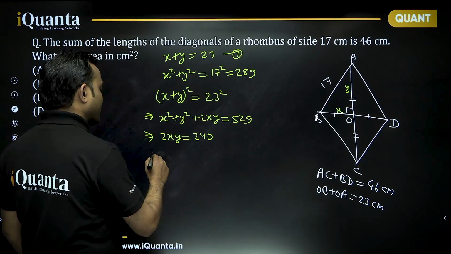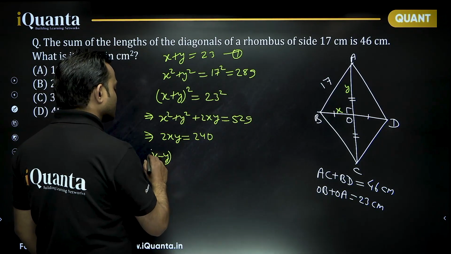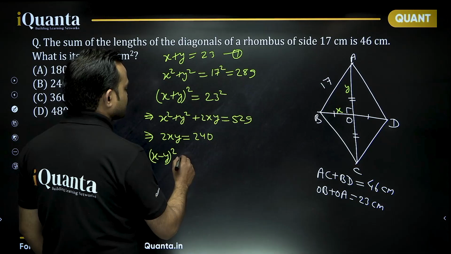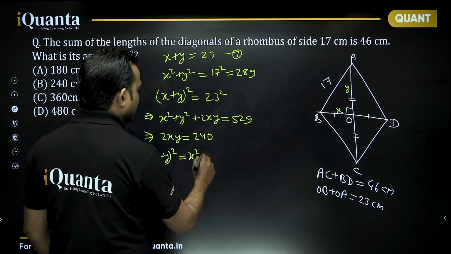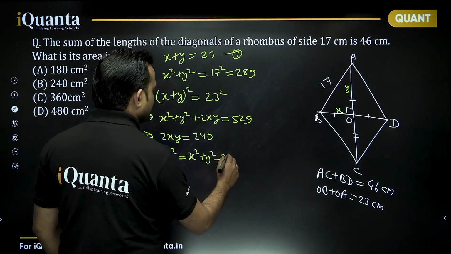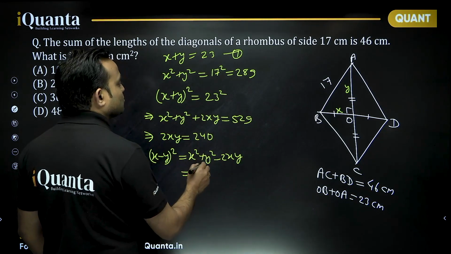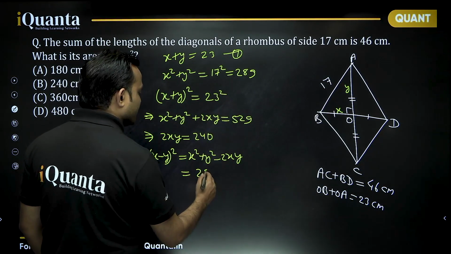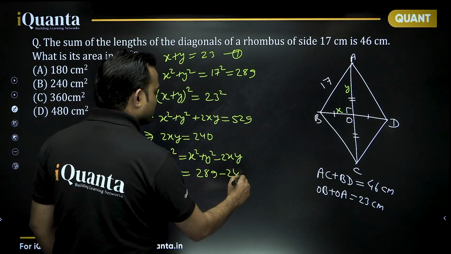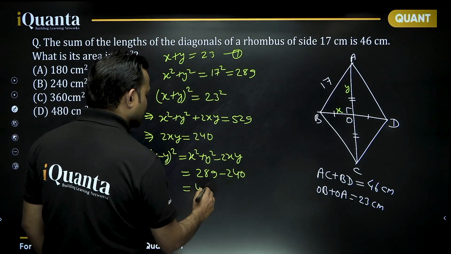Now we can find x minus y whole square, which will be x square plus y square minus 2xy, which will be equal to 289 minus 240. So this becomes 49.